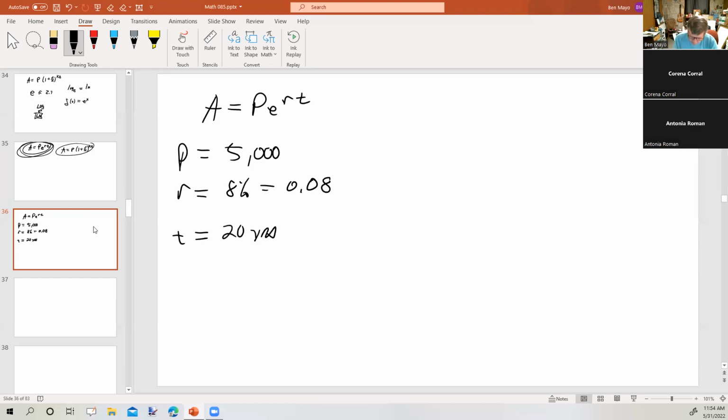Okay, so A equals 5,000 times e raised to the 0.08 times 20. Now, I can predetermine 0.08 times 20, or I can just leave it as it is. I'm going to just leave it as it is.